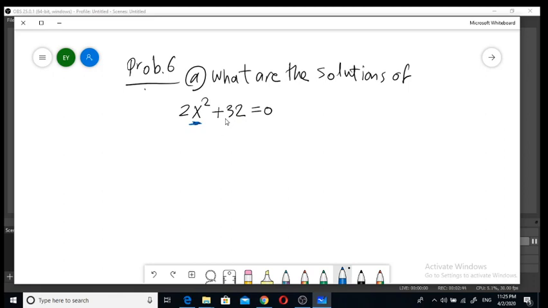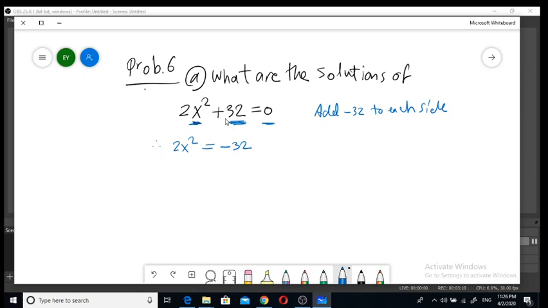So we are going to isolate x squared. So we will add negative 32 to each side. Then we have 2x squared is equal to negative 32.